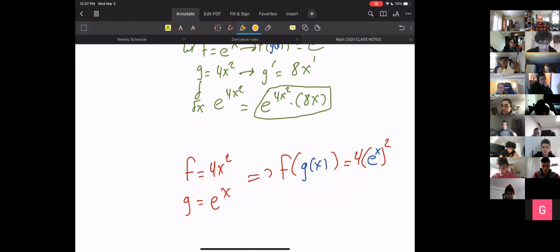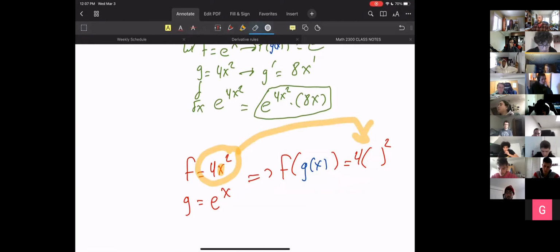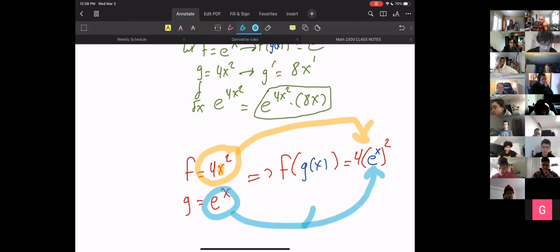Right, so when I'm looking at the outside function, in this case f, if I was going to plug something into that, you remove the x part. And so this over here, without the e, right, this is the function f without the x in it. And then if I was going to put something into that x, like e to the x, it would look like this. Right, just taking this piece and putting it inside there.